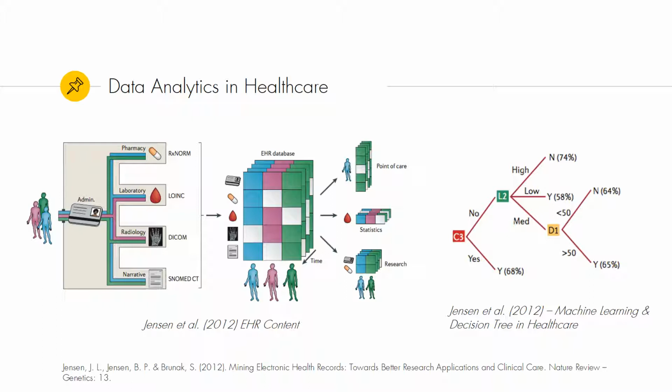In terms of medical research, as you can see on the right hand side, organizations can use machine learning and decision trees to predict the outcomes of laboratory tests or treatments. For example, C3 representing diagnosis of a certain condition, L2 representing laboratory tests, and D1 representing age.